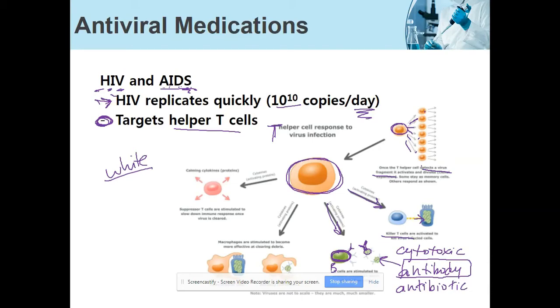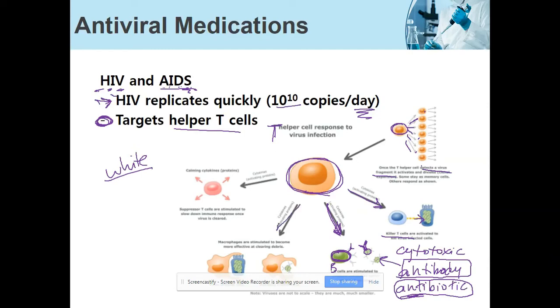If an antibody is stuck to the virus, it cannot bind to the receptor proteins of the host cells. And so the virus cannot get into the host cell, which means the virus can't take over, and so the infection is stopped. So antibodies we make. Remember, antibiotics are compounds that are made by fungus, like penicillin, and they prevent bacteria from making cell walls. So antibodies, we make ourselves. They bind to viruses or bacteria or whatever else is making us sick. Helper T cells tell the B cells to make the antibodies.